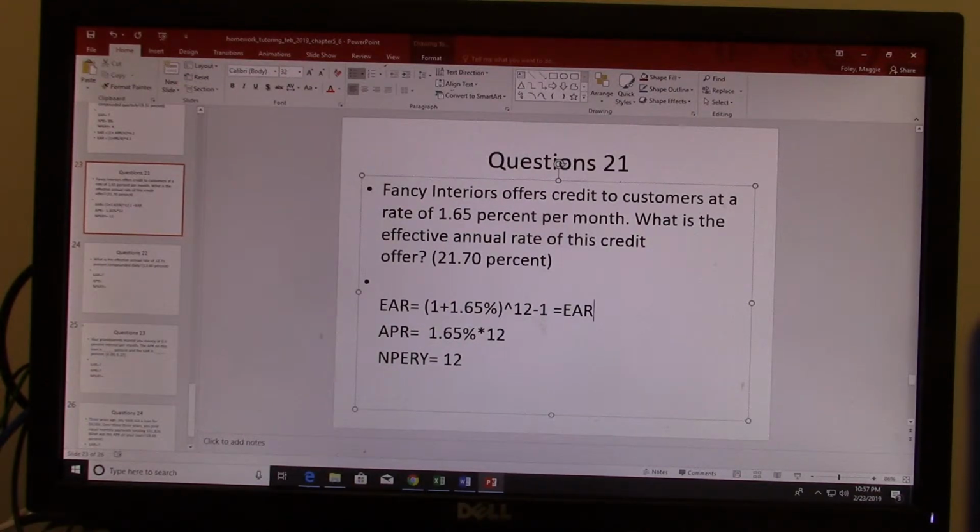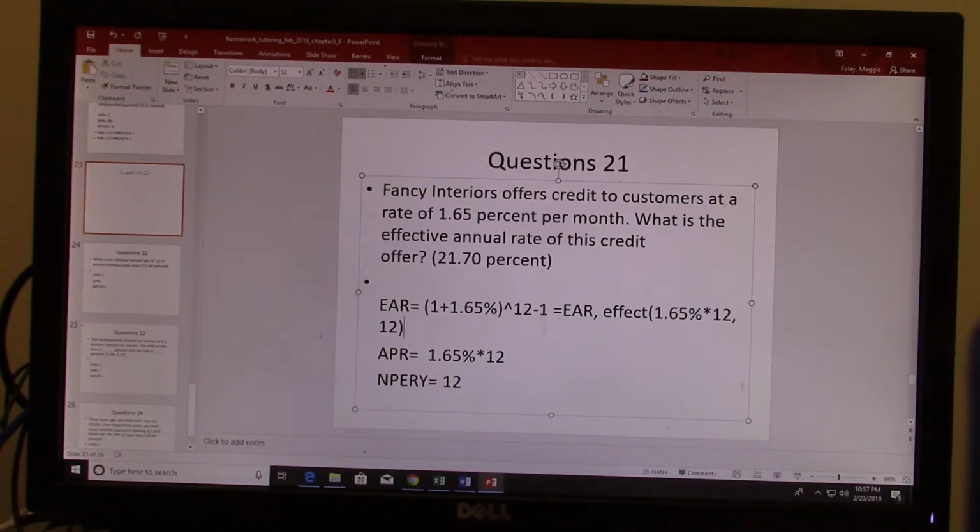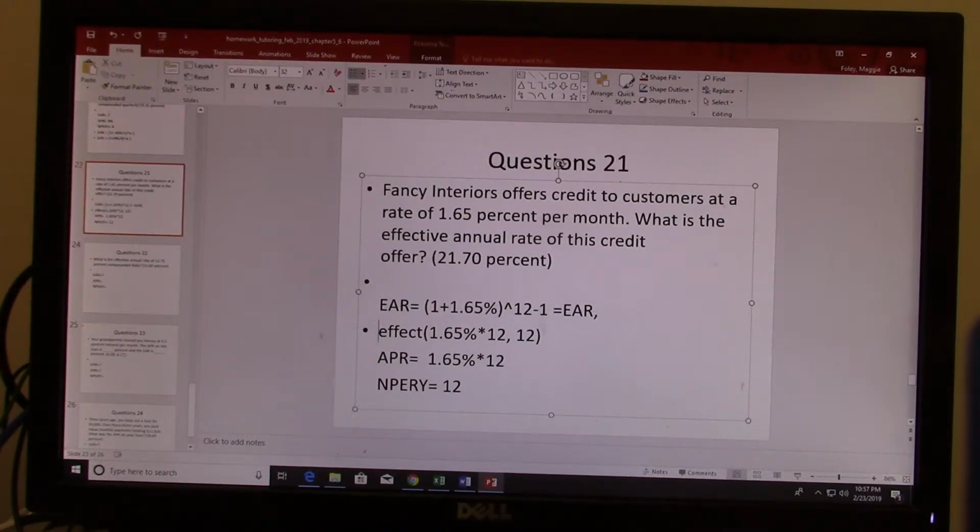Or we can use the EFFECT function, where the APR input is 1.65% multiplied by 12. If we use the EFFECT syntax with that as our input, we get the answer of 12.70% in Excel.